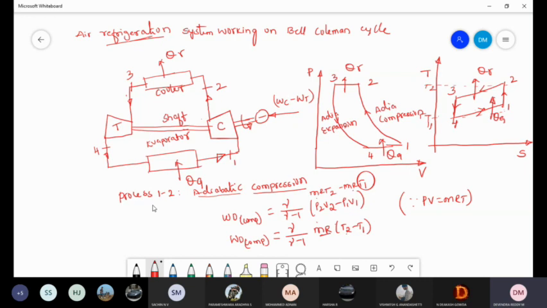Okay, the next one. Process 2 to 3 is a constant pressure heat rejection process.